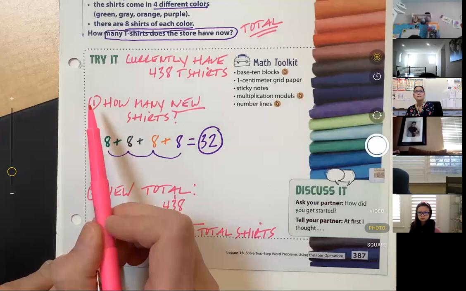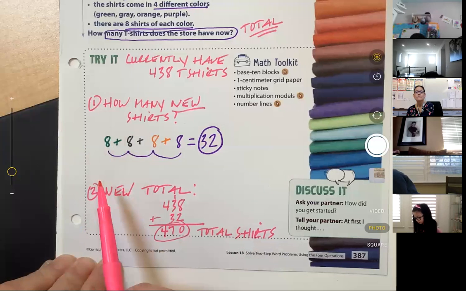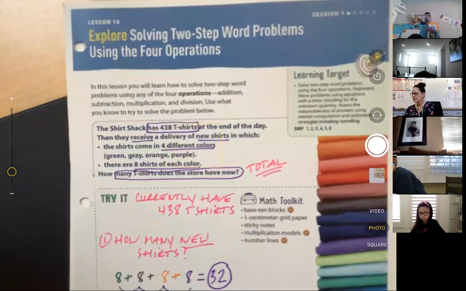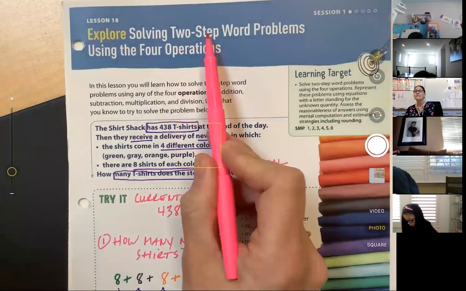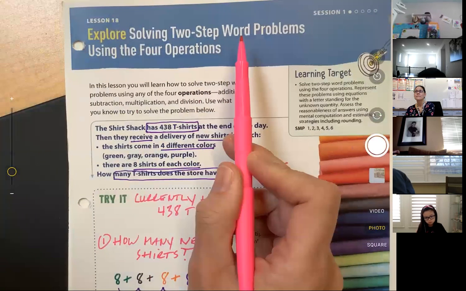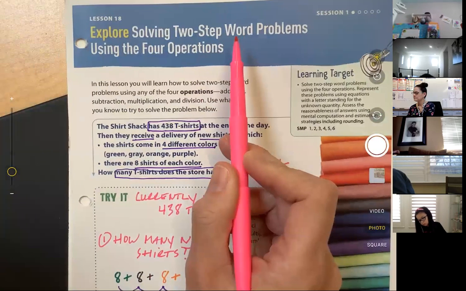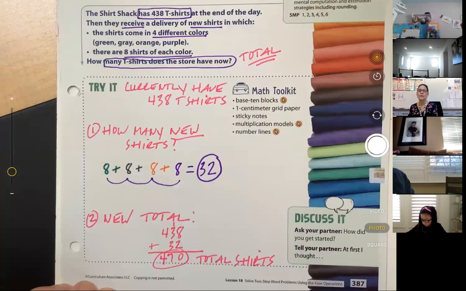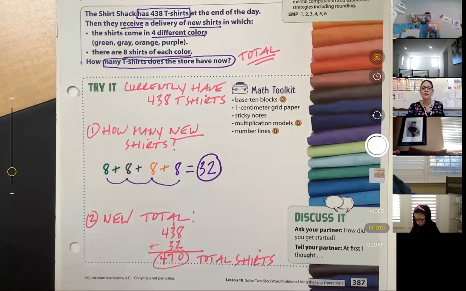Step number 1, step number 2. Remember our learning target here, friends: 2-step word problems. All right? I'll give you another moment to make sure you're getting those notes down.